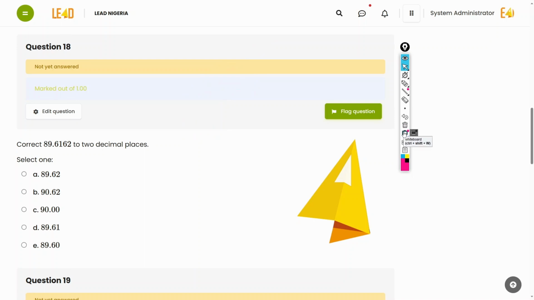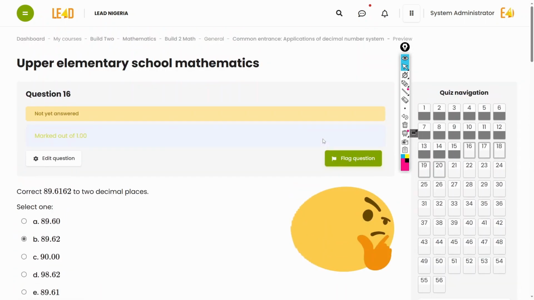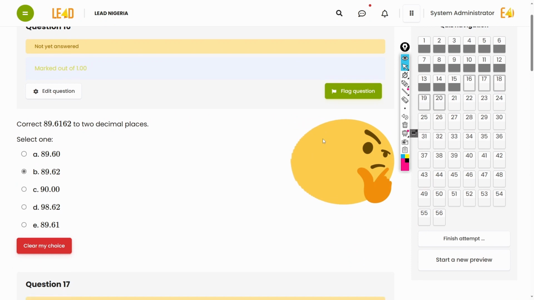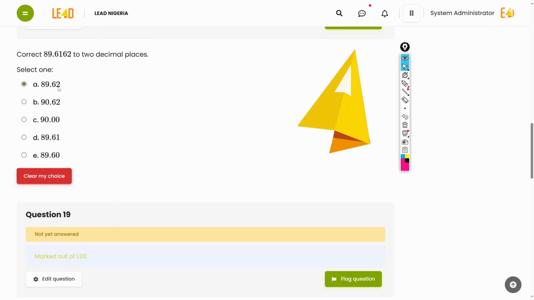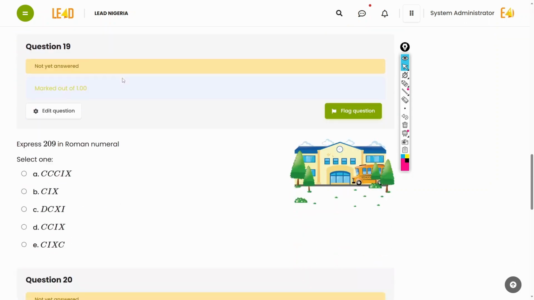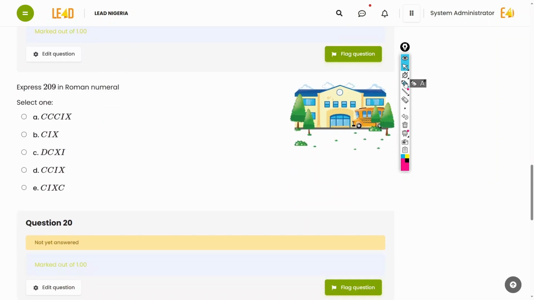18. Correct 89.6162 to 2 decimal places. We've already solved that problem. Yes, so it's 89.62. Express 209 in Roman numerals. 209.